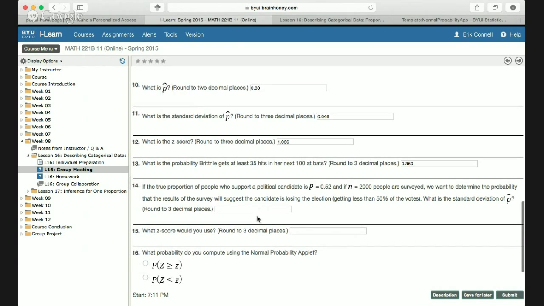If the true proportion of people who support a political candidate is p equals 0.52, and if n equals 2,000 people are surveyed, we want to determine the probability that the results of the survey will suggest the candidate is losing the election, getting less than 50% of the votes. What is the standard deviation of p hat? So we have p and we have n.